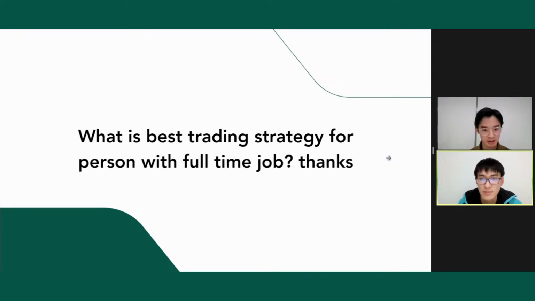What is the best trading strategy for a person with a full-time job? Okay, so if you have a full-time job, I guess position trading. Yeah, I agree with that. That would be generally holding for months, so maybe 1 to 3 months usually. That would involve maybe buying a key breakout or buying at support, then just riding the trend, right?